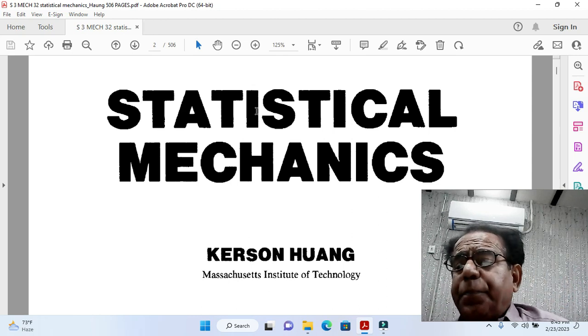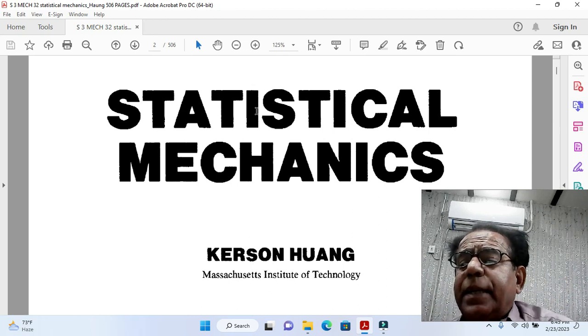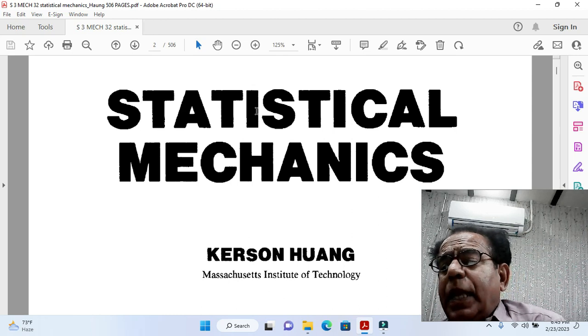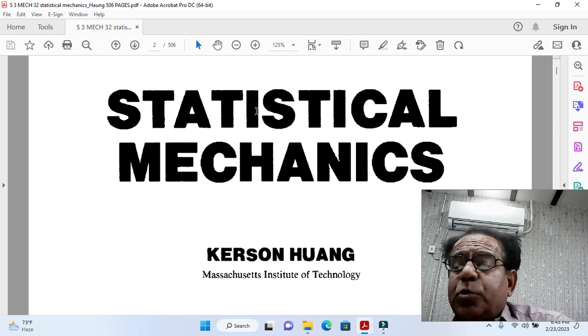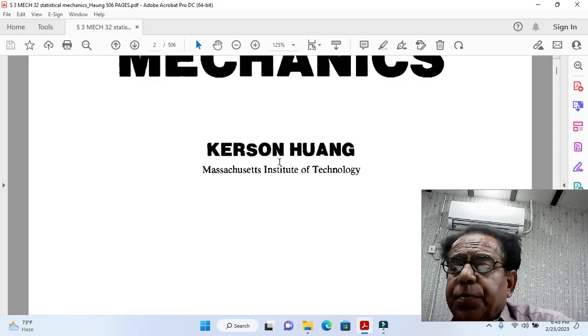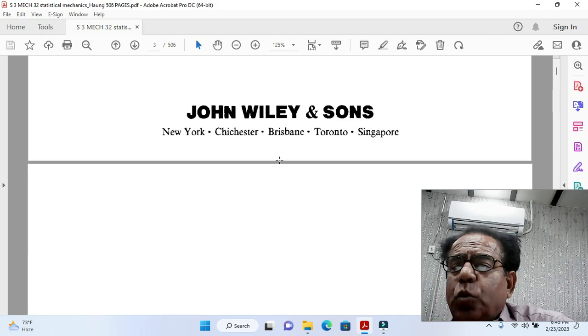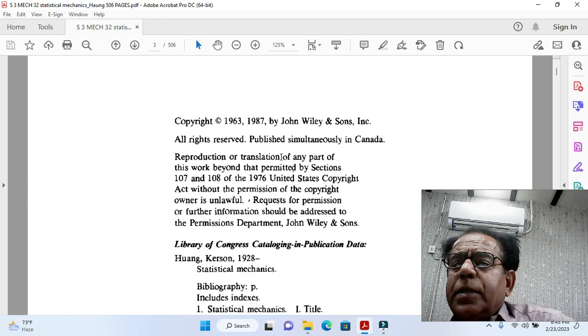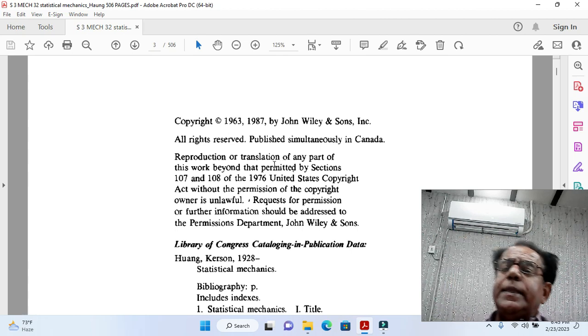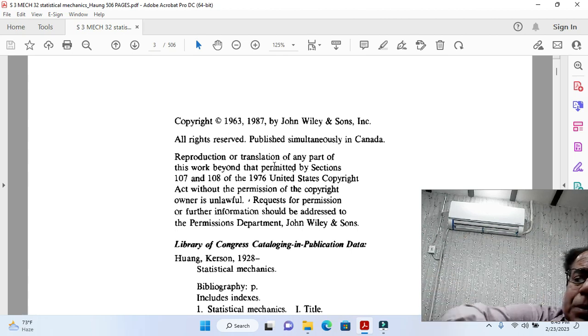Kerson Huang, John Wiley and Sons. This book was published in the year 1987, while its previous edition was published in year 1963.